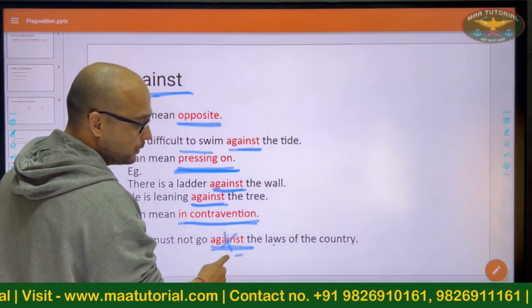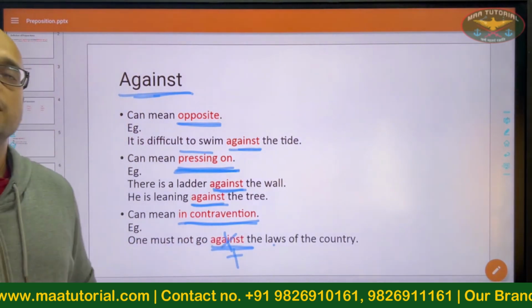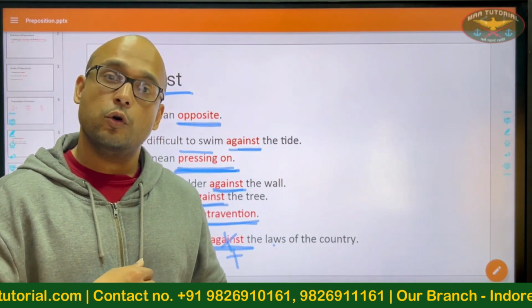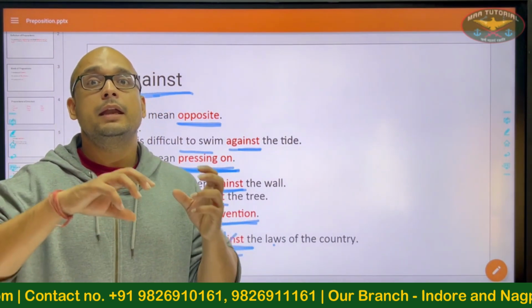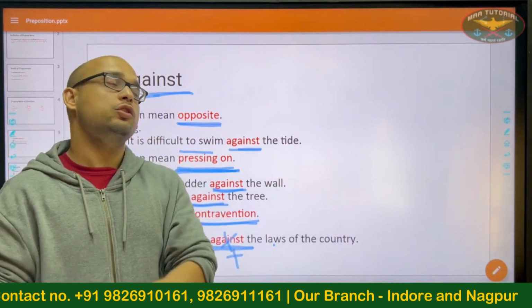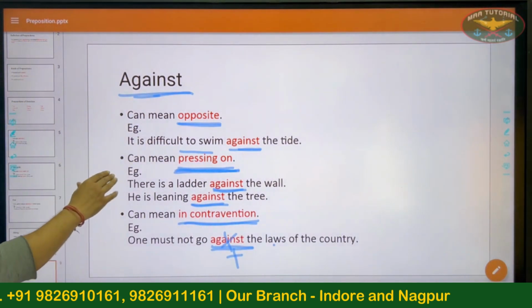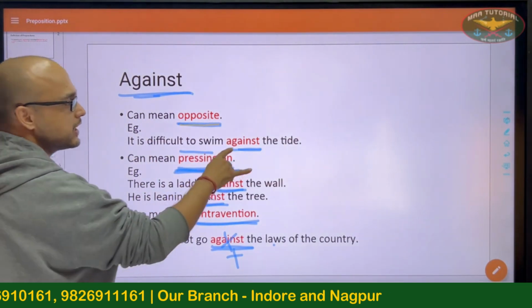One must not contravene the laws. One must not break the laws. One must obey the laws. One must not go in an opposite direction to the laws. So you see, when we are actually moving physically in the opposite direction, then also we can use against.